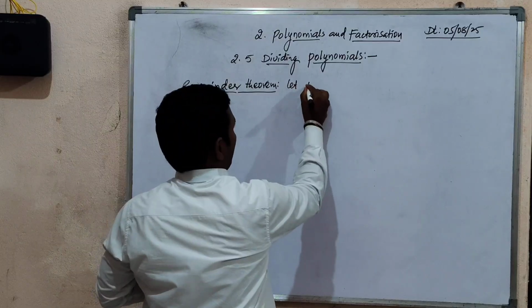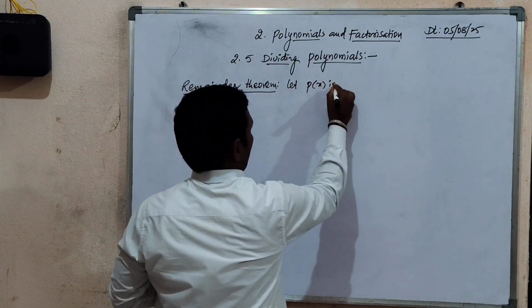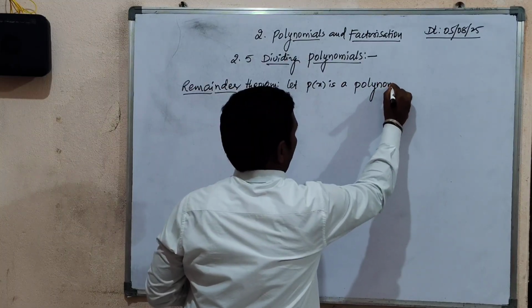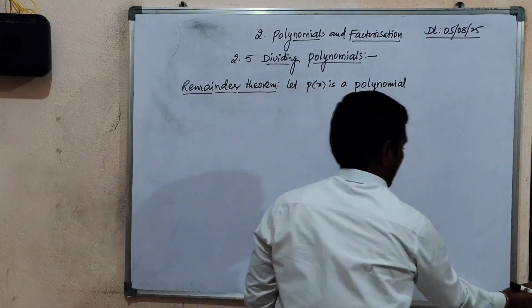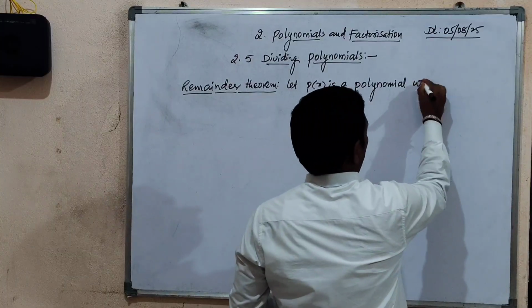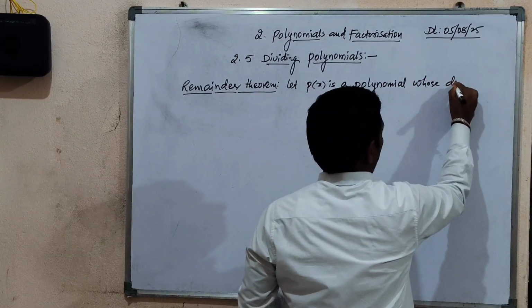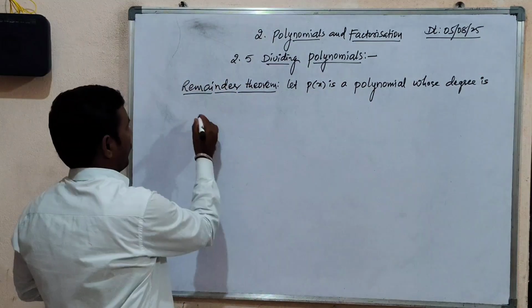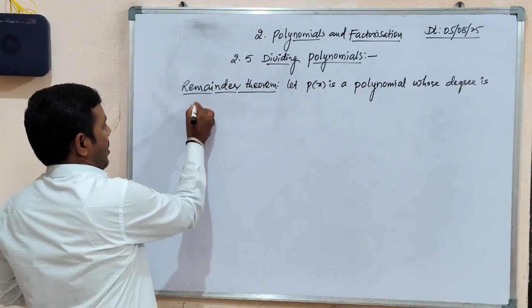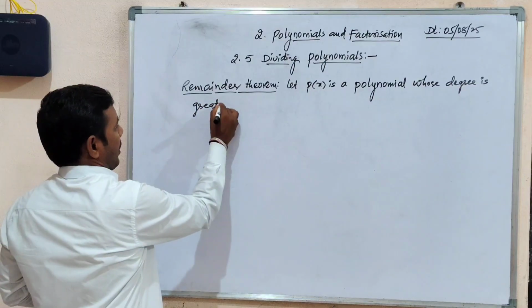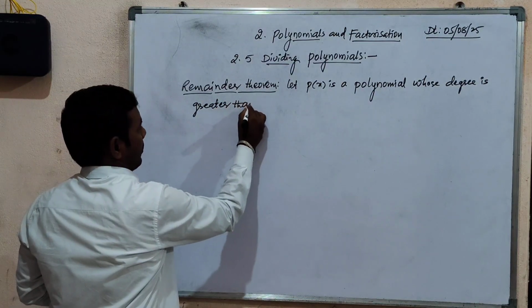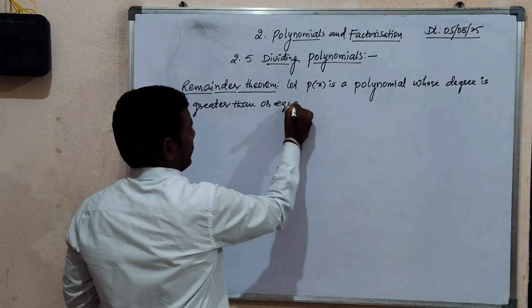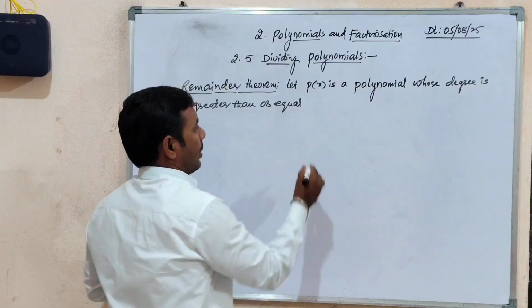Let P of x be a polynomial whose degree is greater than or equal to 1.